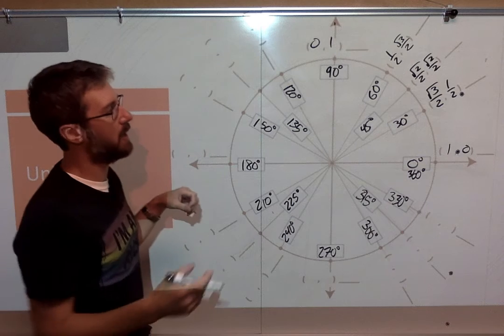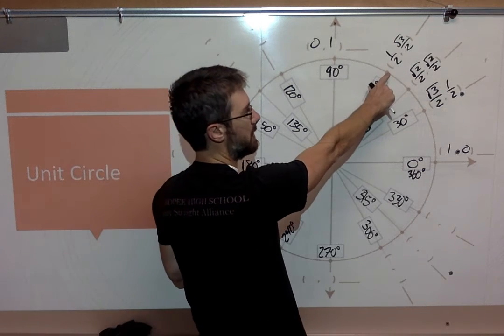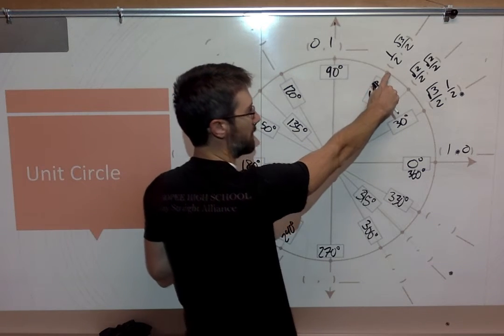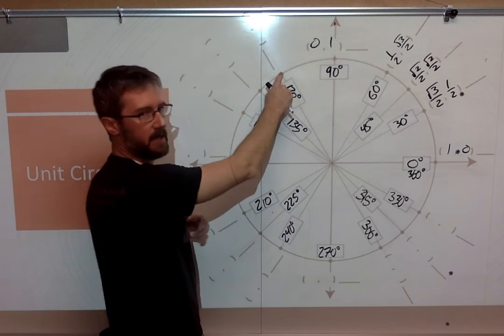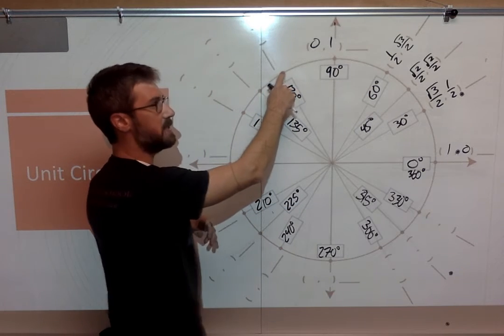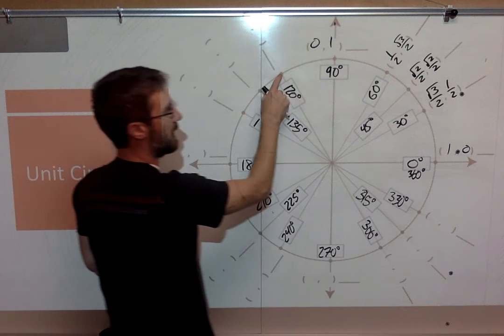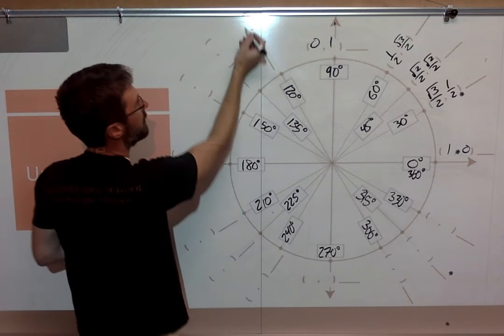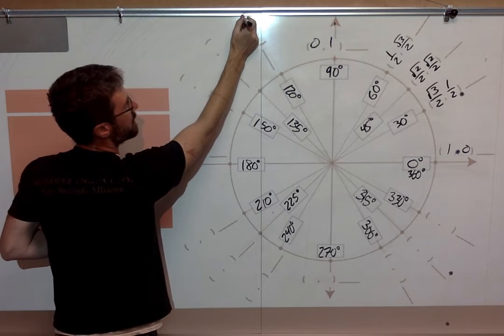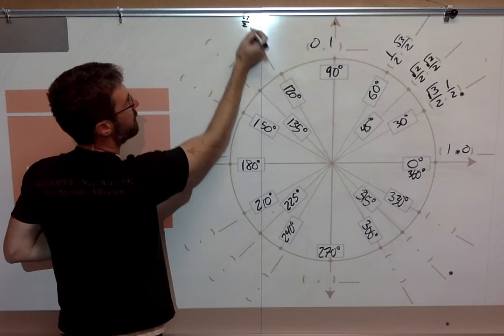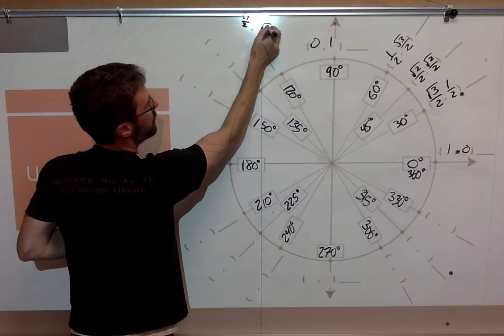I want you to think about what happens if I take a point right here, this xy coordinate, and I move it straight across to right here. What changes about it? It's the same x and y value, but now the x value is negative over here. So this one is, this is going to be tough, negative 1/2 and positive root 3 over 2.